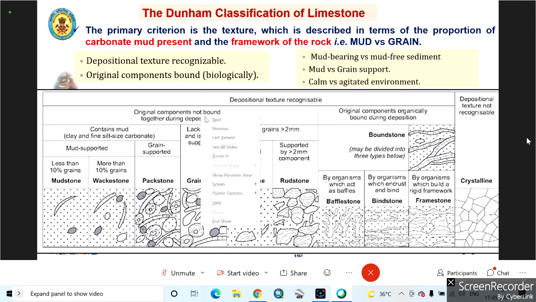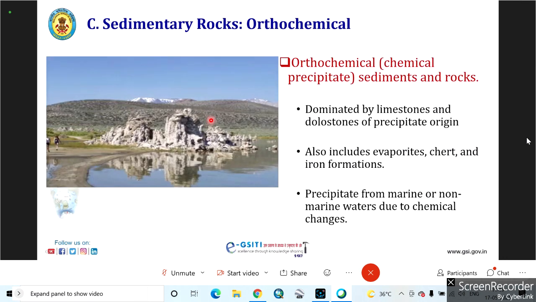So after the allochemical or second category, the third category of sedimentary rock is the orthochemical. So the difference between allochemical and orthochemical, again I am repeating: the allochemical is a combination of the shell fragments as well as the chemical precipitates, whereas the orthochemical is only the chemical precipitates.